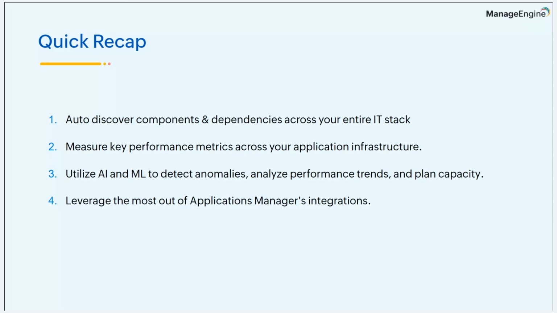So let's take a quick recap. So we had 4 parts in this particular session. In part 1, we saw how you can auto-discover components and dependencies across your entire application stack or the entire IT stack with the help of our application discovery and dependency mapping feature. In part 2, we saw how you can measure key performance metrics across your application infrastructure.